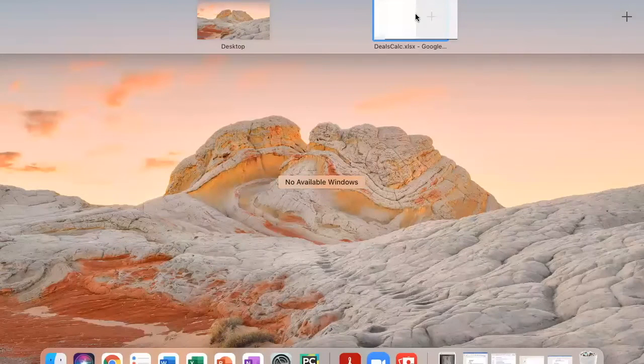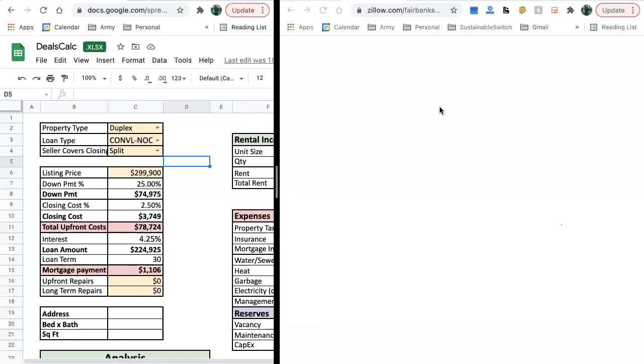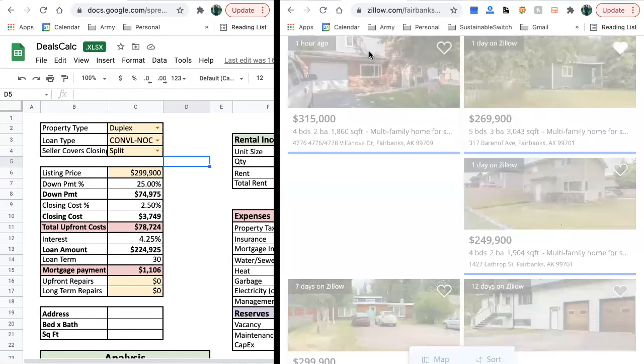Sure, let me pull it up. I'm sorry, 760. I said 460. My bad. It's all right. I couldn't remember the address at all. It's 760 Hamilton, Fairbanks. The fourplex as well.